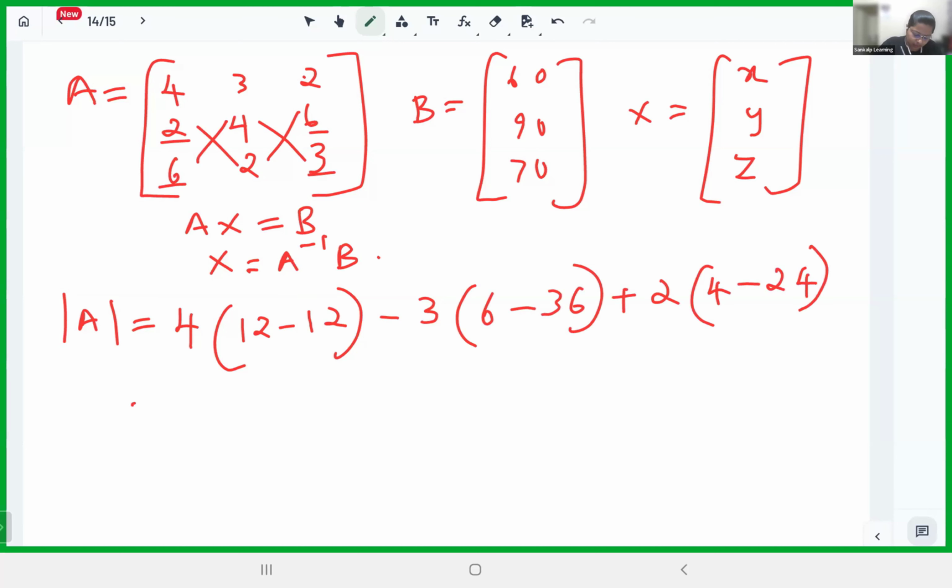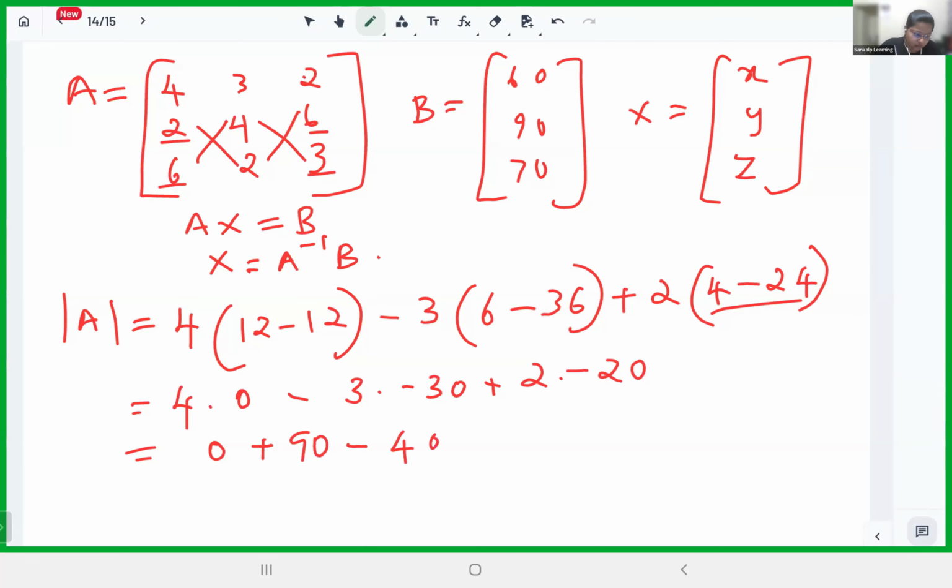Okay, so this is the determinant. 4 into 0 minus 3 into minus 30, so minus 30, plus 2 into minus 20. So 0 plus 90 minus 40, that is equal to 50, which is not equal to 0. So we can say that the inverse of the matrix A exists.